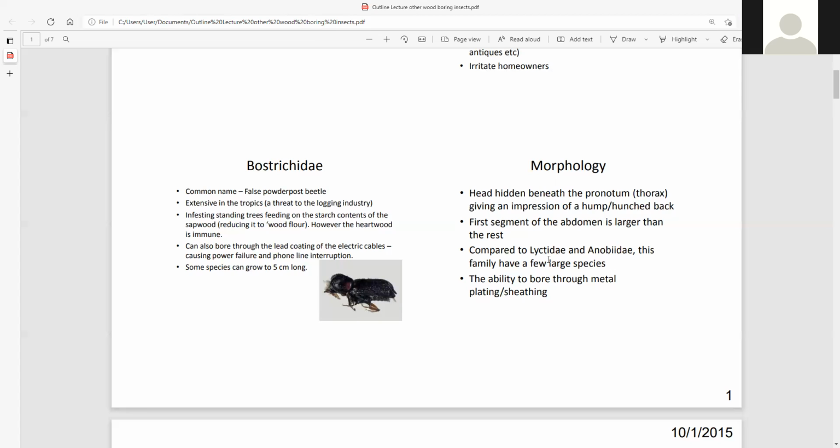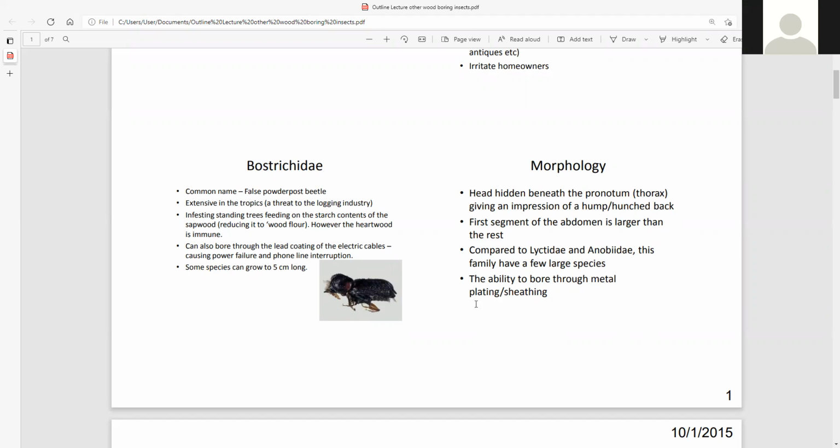This particular family have a few large species, like has been said earlier. They are represented by large size species, and there are two other families, Lictidae and Anobidae. These are much smaller ones.